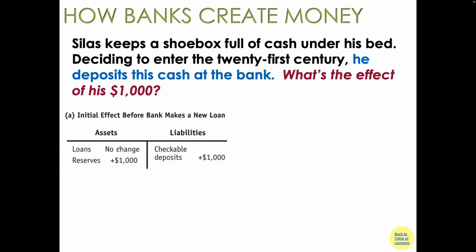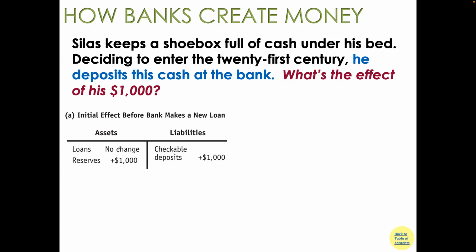Now, after Silas walked in the bank and left with a card, what's the total money supply? First of all, what is the cash in circulation? 0. What is the checkable deposit? 1,000. So the total money supply is 1,000. That's before the bank does anything.